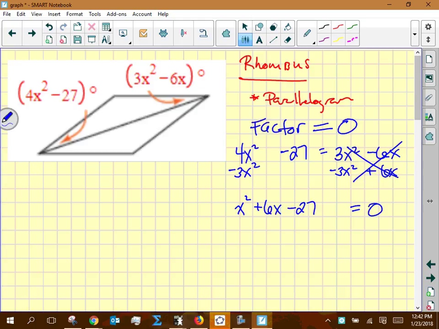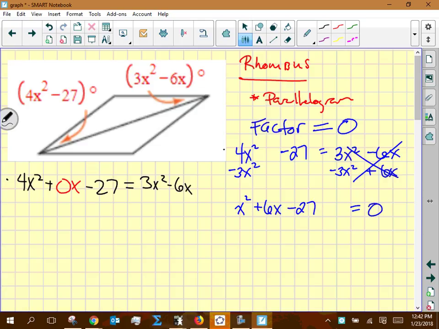Last class we kind of talked about it this way. If I have 4x squared minus 27, I can actually write that with a 0x term, and that equation right there says the exact same thing that the blue one says.